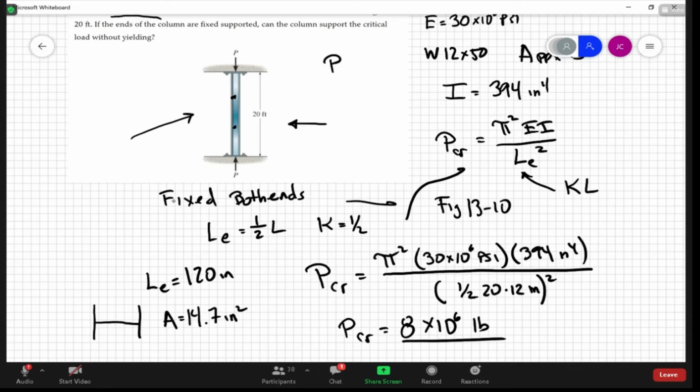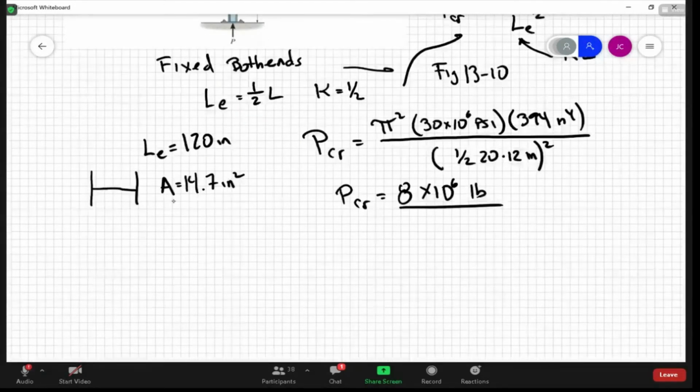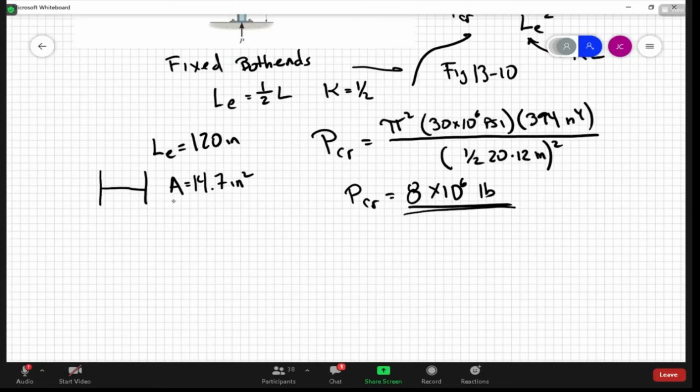So if we had the critical load, the compressive stress would equal that critical load over the cross-sectional area.